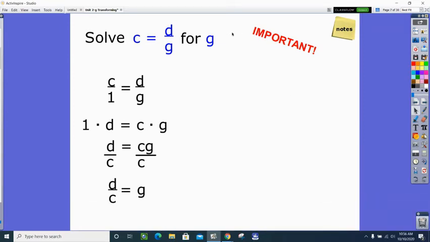So I just want to make that clear, that if you see a formula that looks kind of like a fraction equaling something, make them both fractions, or if they are both fractions, think about solving it as a proportion. Do the cross products, and you kind of get rid of that fraction looking thing. Again, anytime we can clear those fractions, we have a clearer view of what to do.